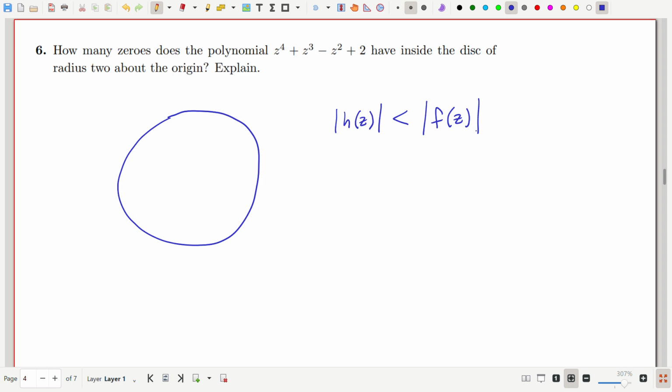This is going to be a disk, a circle of radius 2, and so this is on the curve gamma. So you only need the inequality on the curve gamma, and h and f are both analytic inside and on this curve.